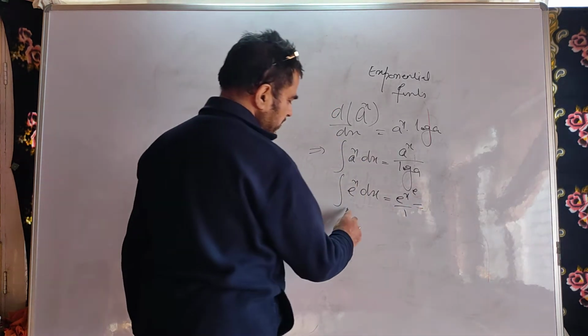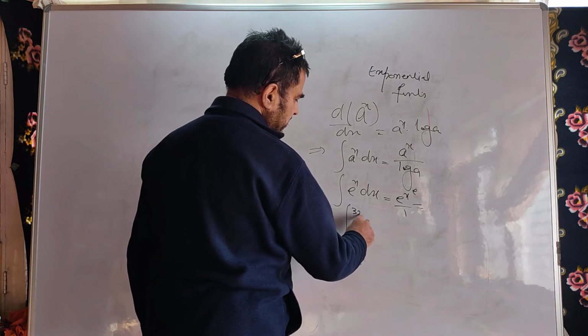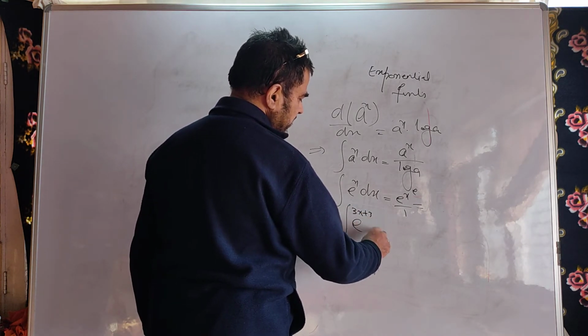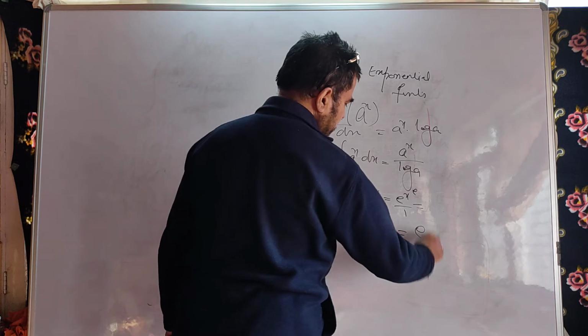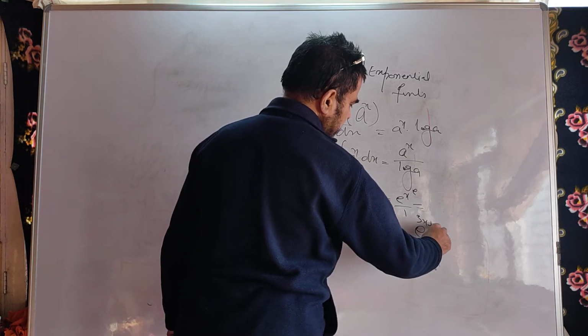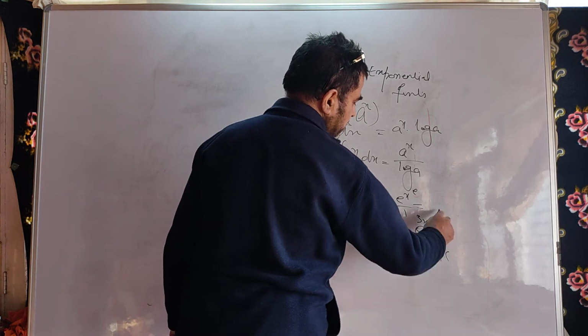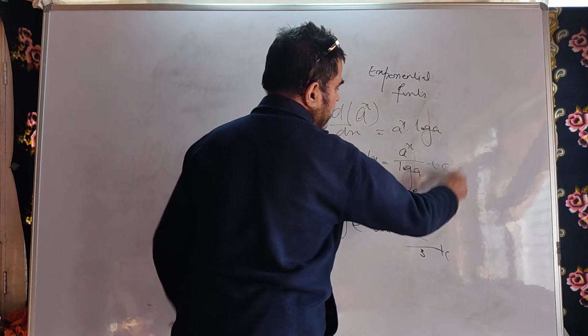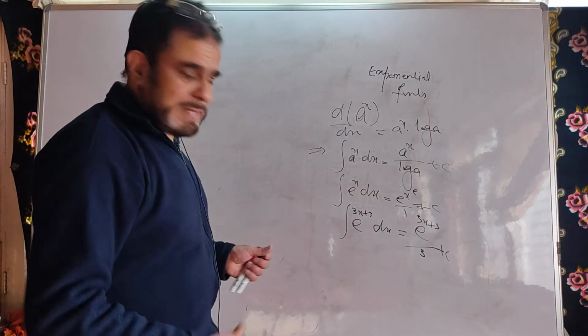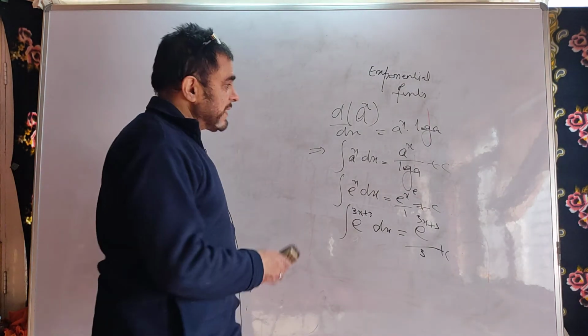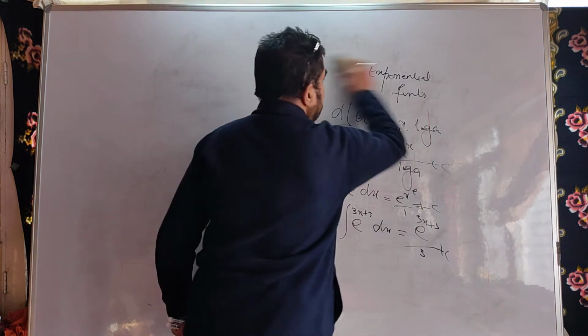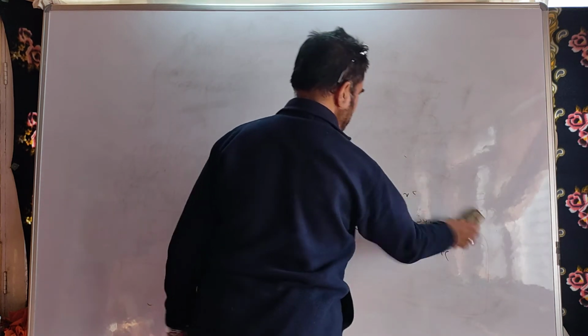Suppose you have integral of e raised to power 3x plus 3 dx, it will be e raised power 3x plus 3, divided by differentiation of the power 3x plus 3, plus c. This is exponential. Now I will sum up all the formulae so that you will remember this.